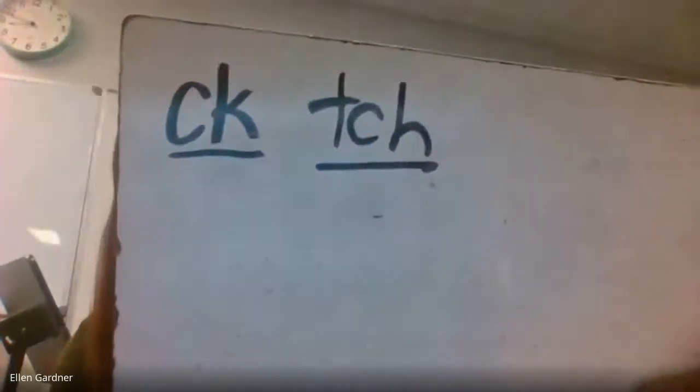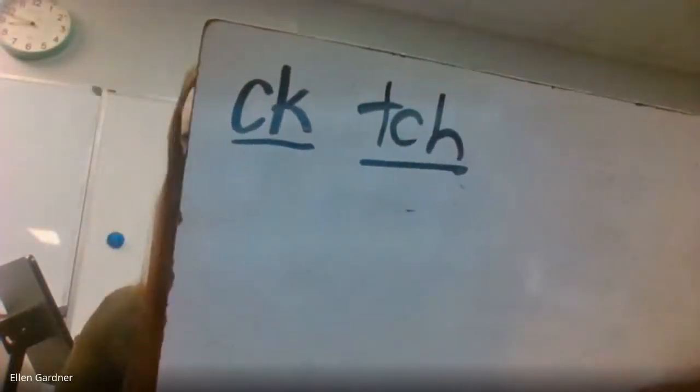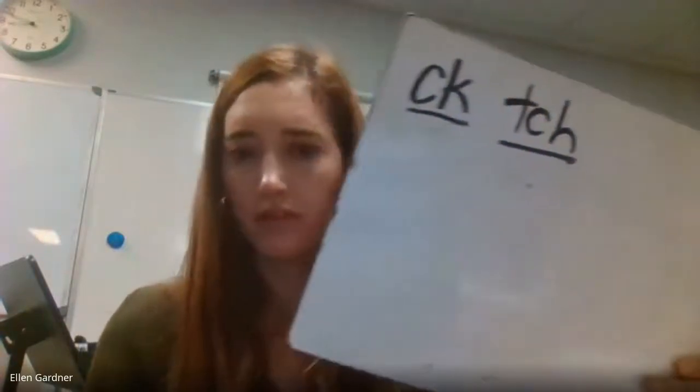Ch, three-letter ch. Looks like this. Next, please write j, three-letter j, used after a single vowel, which says a, I, a.